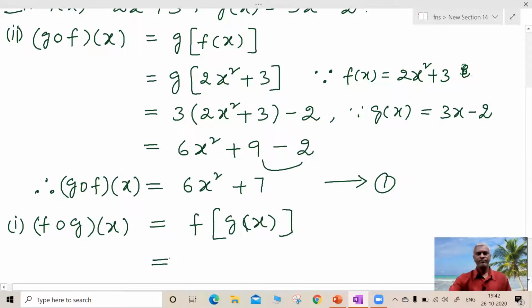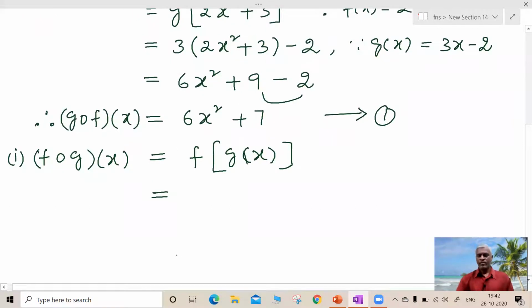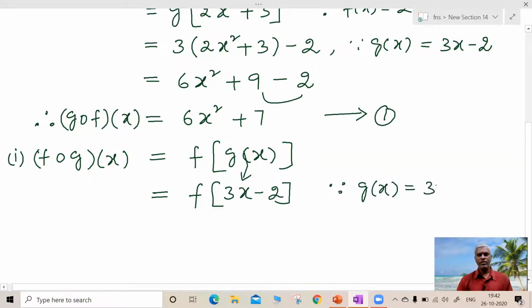So now, in place of g(x), what is g(x)? 3x − 2. This is the g(x) definition given in the problem: g(x) is equal to 3x − 2.